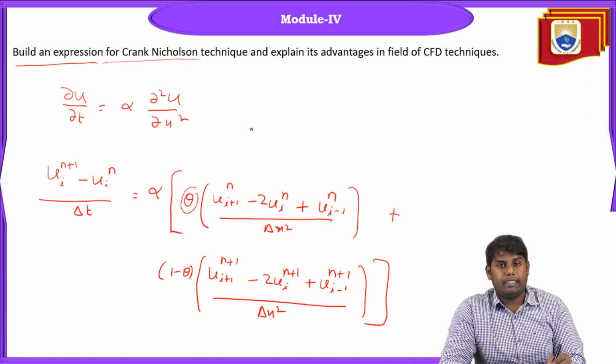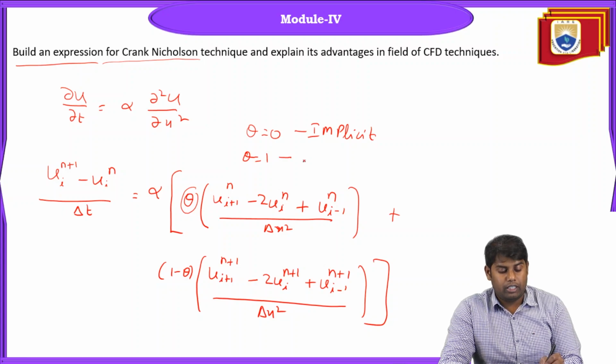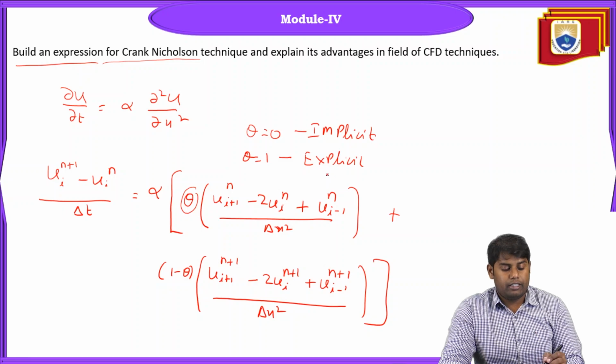When theta is equal to 0, that gives us fully implicit. When theta is equal to 1, that gives us fully explicit. Next, when theta is equal to half, we have seen it as semi-implicit.